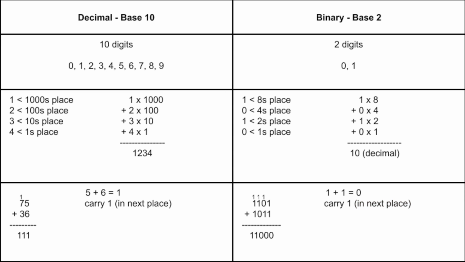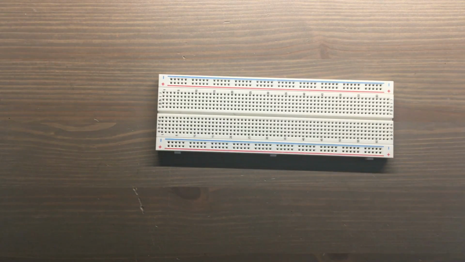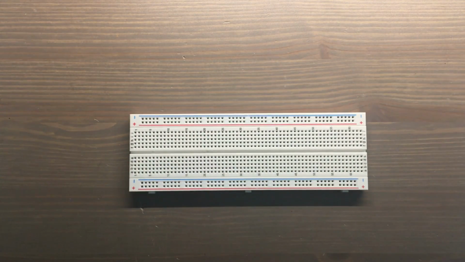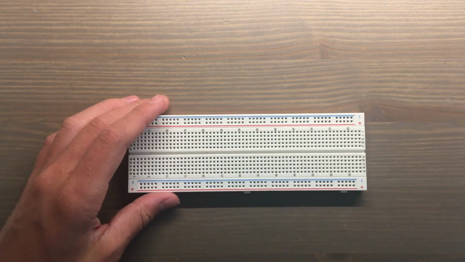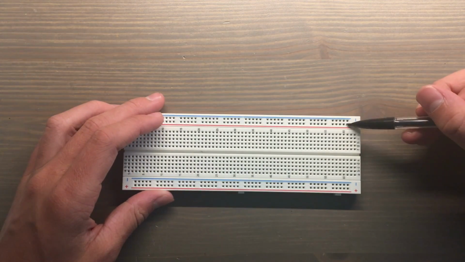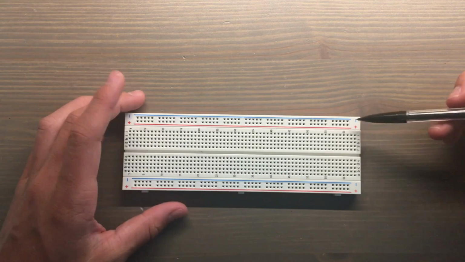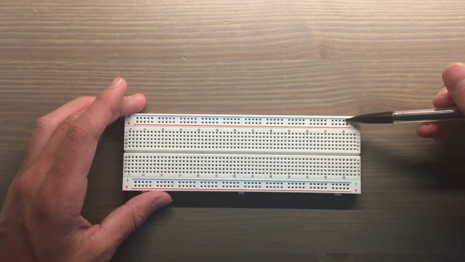Now, the reason we use binary in electronics is because it makes it a lot more difficult for interference to mess up a circuit like this. So we can think of this positive rail here, or 5 volts, as a 1, and the negative rail here as a 0.